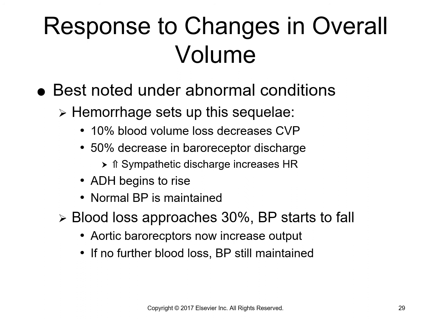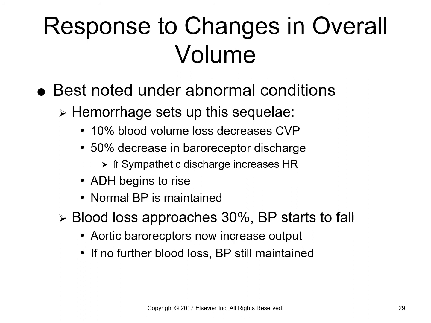The initial response is that the sympathetic discharge increases the heart rate. Also, your ADH begins to rise, which is your antidiuretic hormone, vasopressin, which is naturally occurring, and then normal blood pressure is maintained.